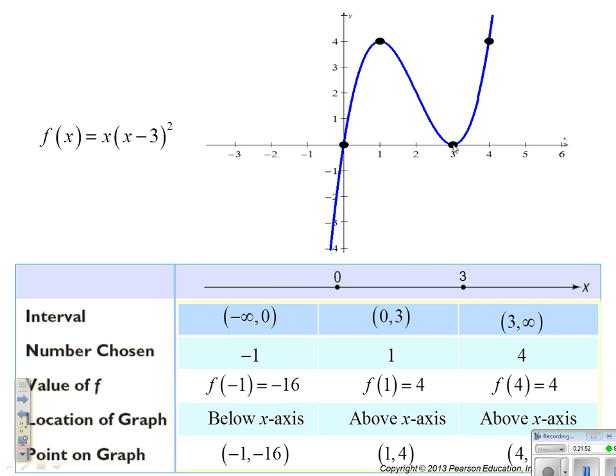So I tap it at 3. That's what multiplicity usually does. It causes a tap instead of a cross. I don't cross the x-axis, I just tap it at 3 and I go back up. So that's how you can have a 0 and still be above the x-axis. It just hits it.